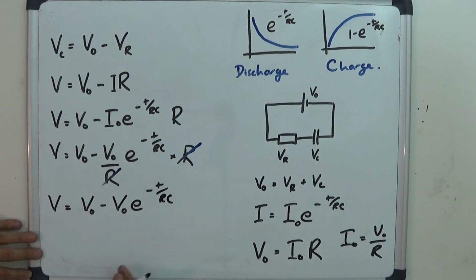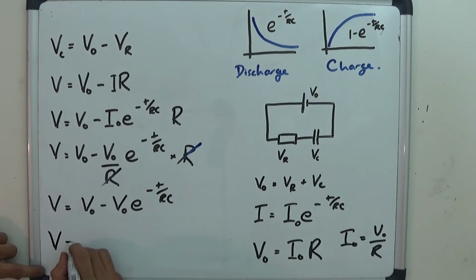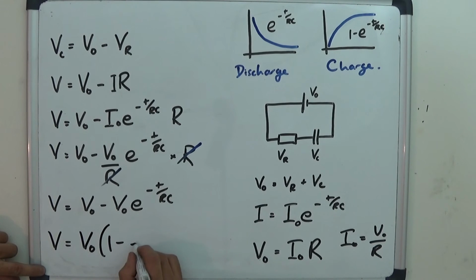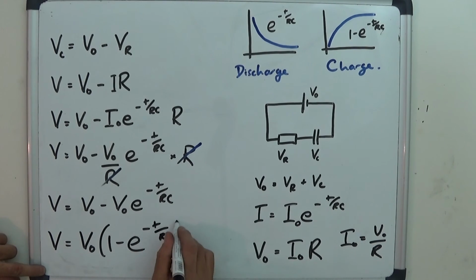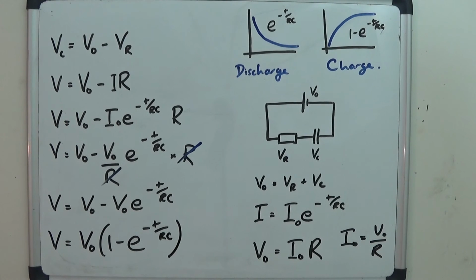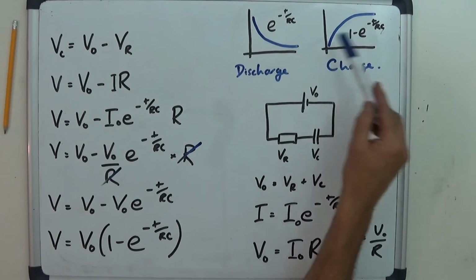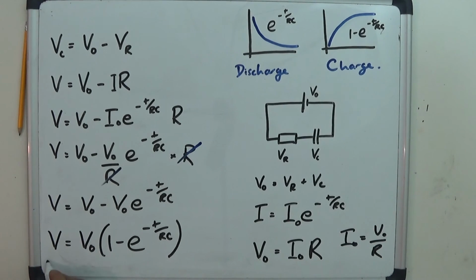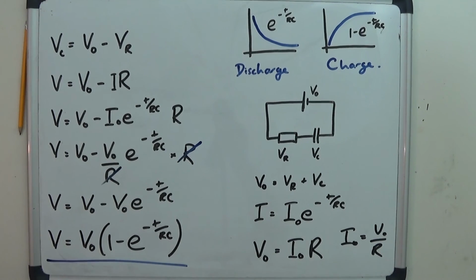Of course, I think you can see where this is going: V becomes V0 times 1 minus e to the minus t over RC. Ka-ching. So with that, again, you don't need to know where this comes from, but that's the maths behind it. Okay, so just for fun.